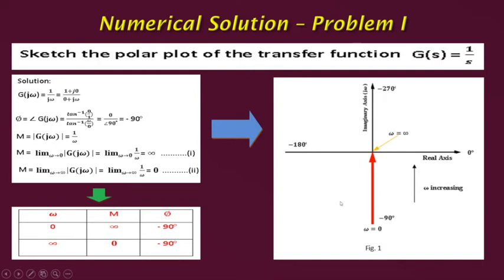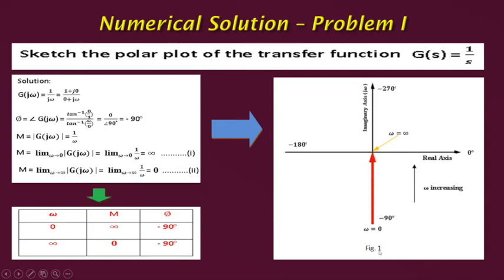Then draw the polar plot. This is the real axis, this is the imaginary axis. If you move clockwise, this is the minus 90 degree axis, this is the minus 180 degree axis, this is minus 270, and this is the 0 degree axis. Here the starting point is omega equal to 0, where the magnitude is infinity and the angle is minus 90 degrees.